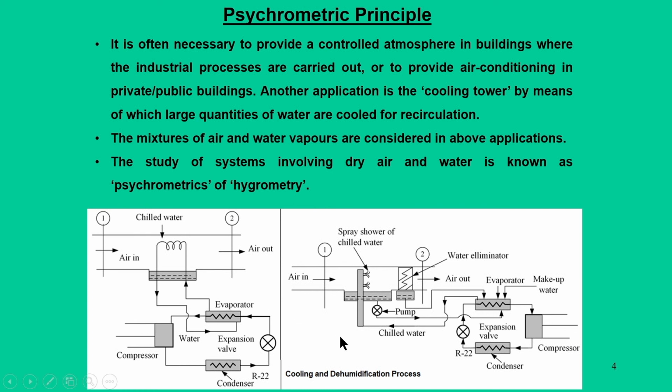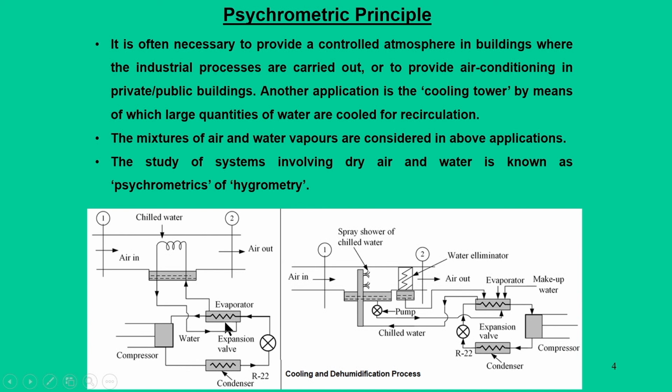When you increase the water vapors in the dry air, such a process we can call humidification, and in some cases we can also think of removing water vapor from the air. So, you can say it is a dehumidification process.